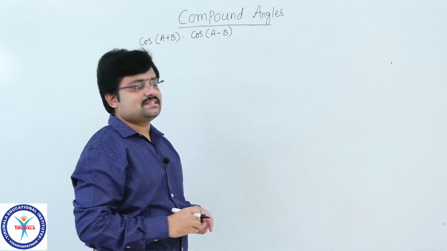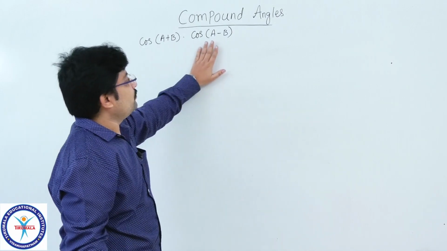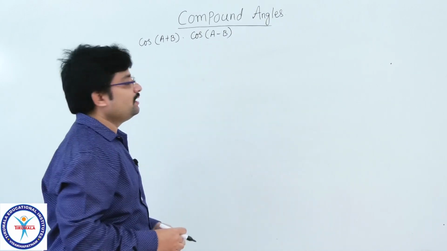Our next derivation is cos(A+B) into cos(A-B).